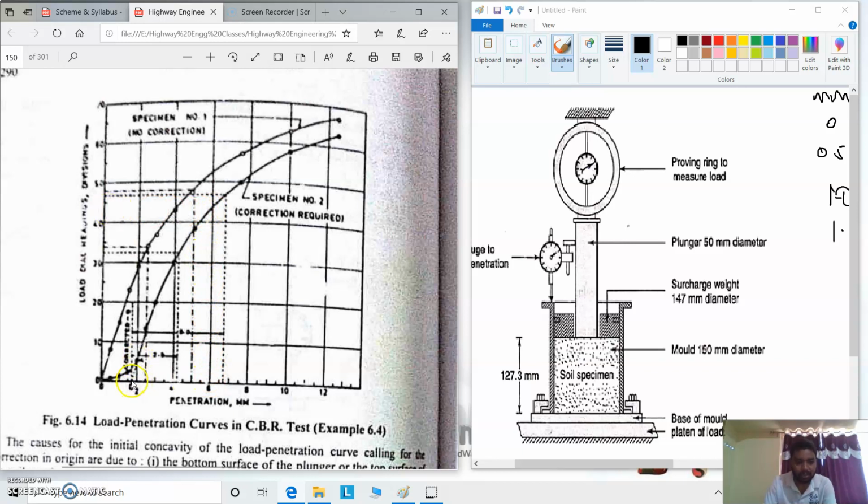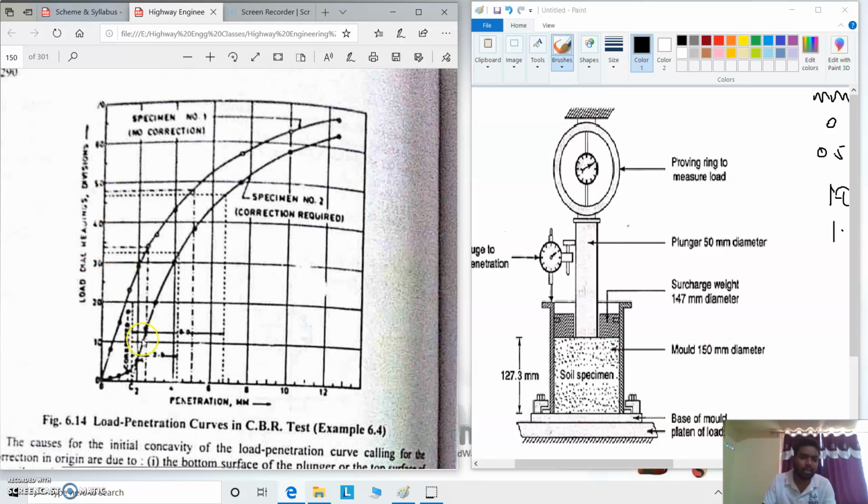Similarly, from the point where the tangent cuts the x-axis, 5 mm is measured, and that 5 mm is erected to the curve, and then taken back to the y-axis load values. Once you get this y-axis value, that is the load that caused the 5 mm penetration.